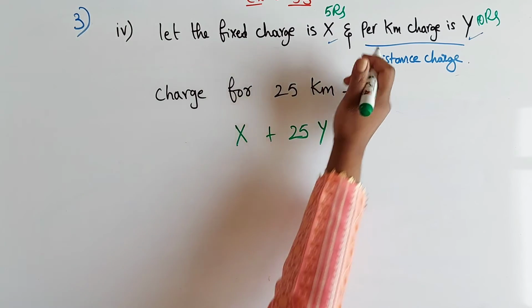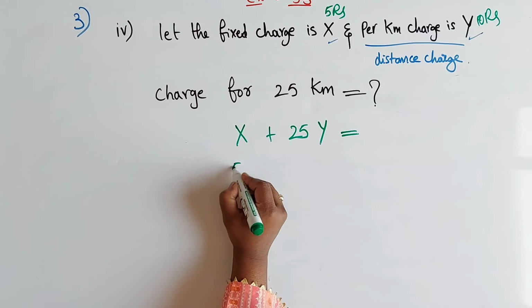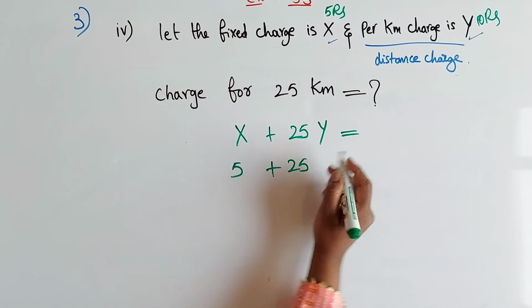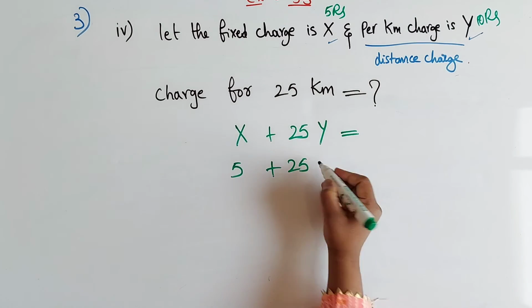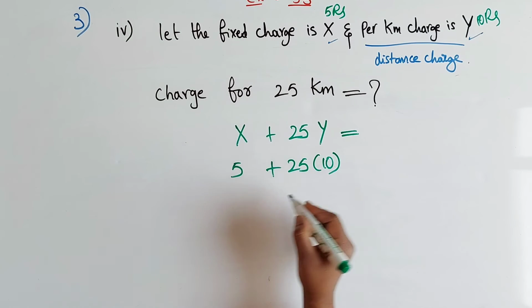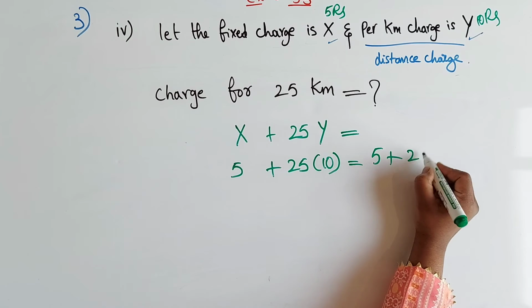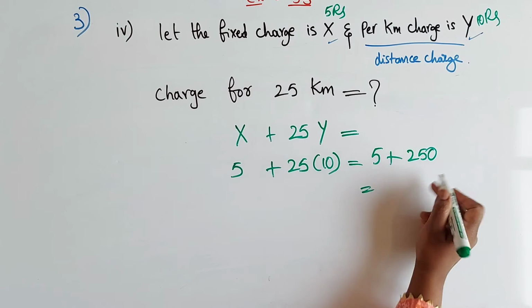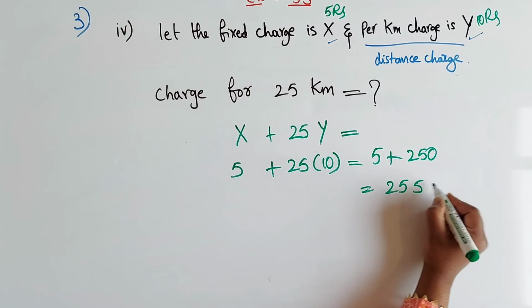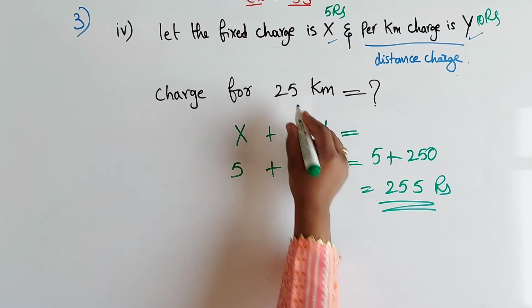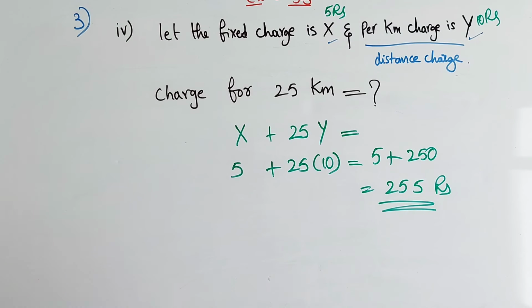What is the x value, children? 5 rupees. Just now we found 5 rupees, and the per kilometer charge y is 10 rupees. 5 plus 25 into 10, 250. 250 plus 5, children, 255 rupees he has to pay for a 25 kilometer distance.